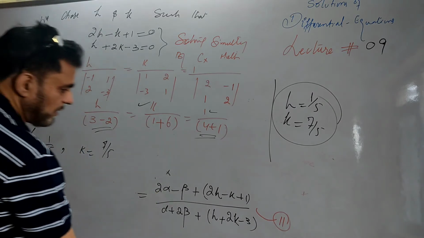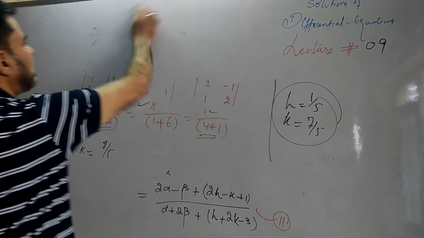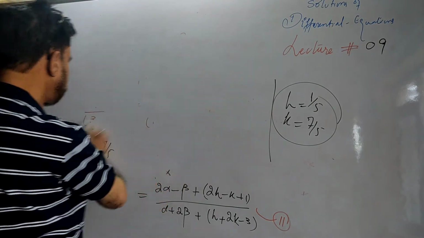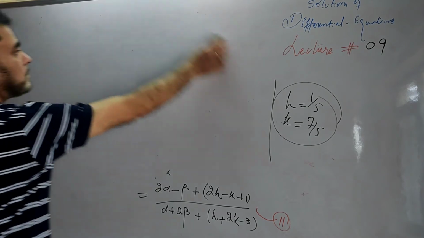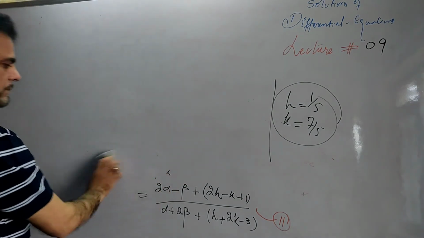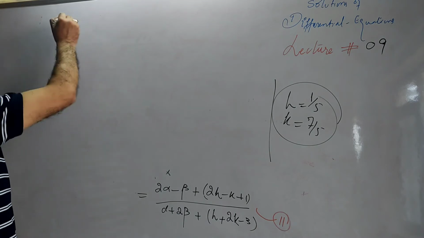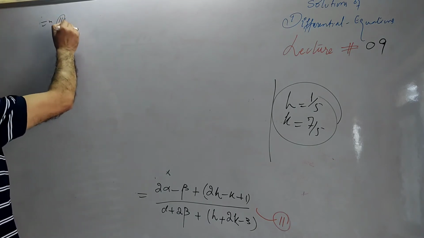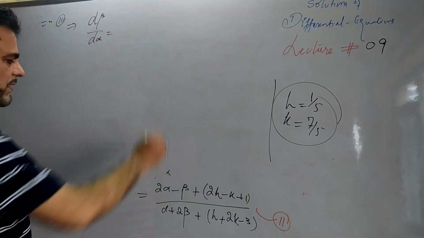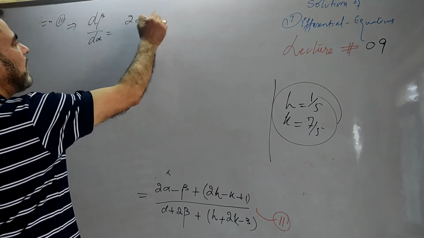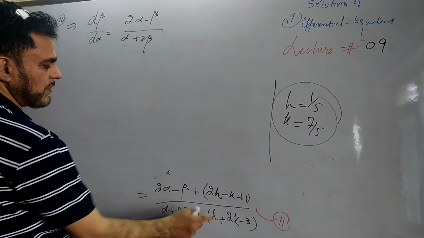Now equation number second reduces to d beta by d alpha is 2 alpha minus beta by alpha plus 2 beta, because these two become 0.